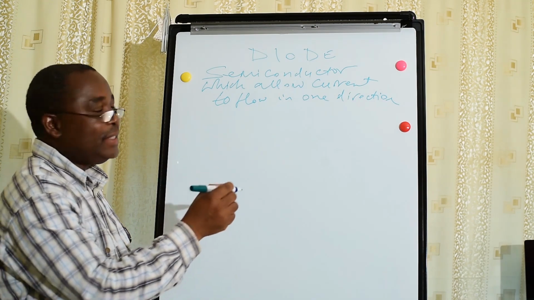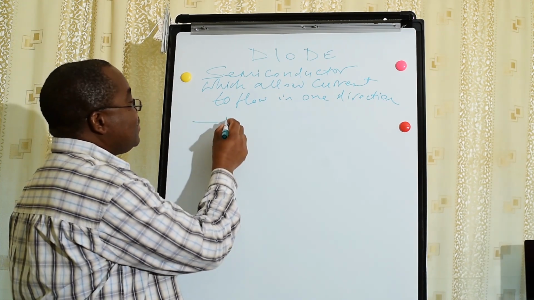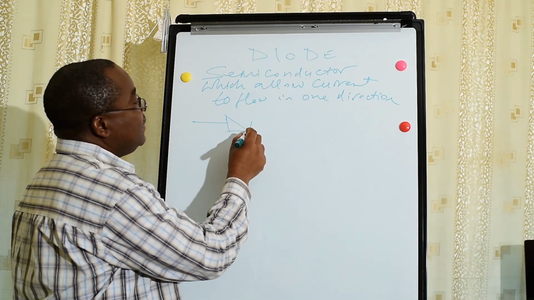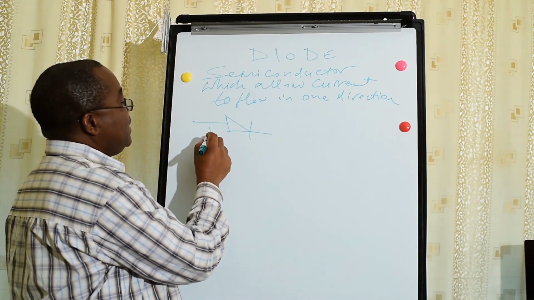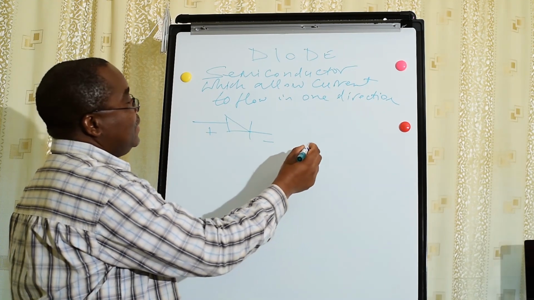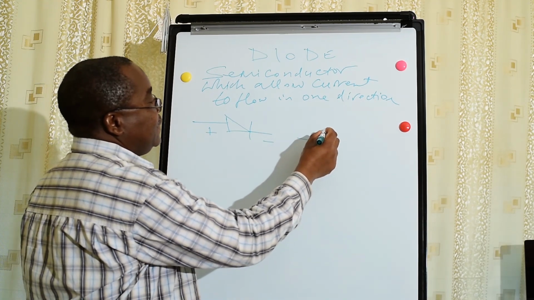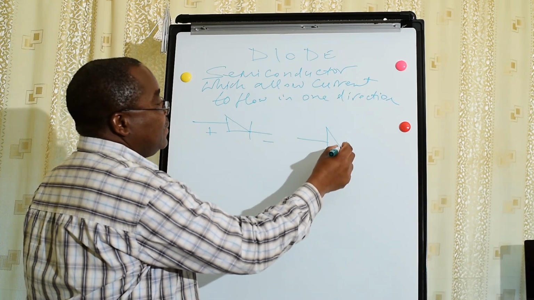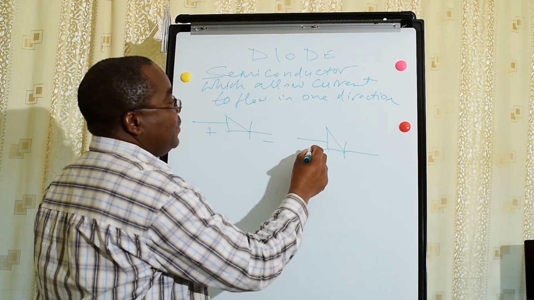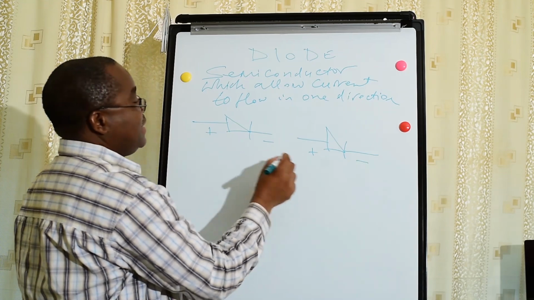The symbol of the diode is this one. This is positive, this is negative. This is the symbol of the diode.